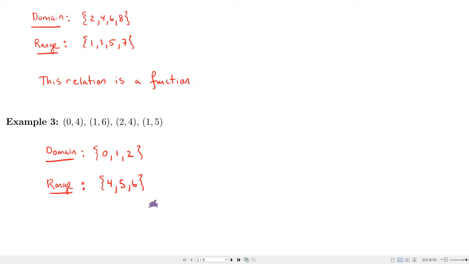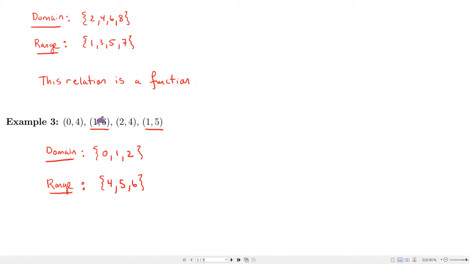Now here we have a problem, right? If you look at this pair and this pair, we have an element of the domain, which is 1, paired with two distinct values of the range, and that would not be considered a function because of that.